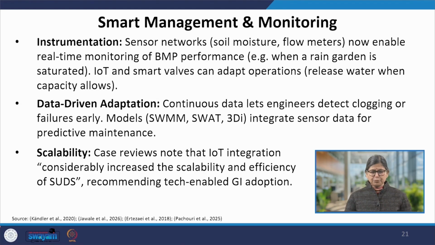Smart management and monitoring, instrumentation, sensor networks like soil moisture sensors and flow meters, these can enable real-time monitoring of best management practice performance, like when a rain garden is saturated, etc. IoT and smart valves can adapt operations, release water when capacity allows. Data-driven adaptation.